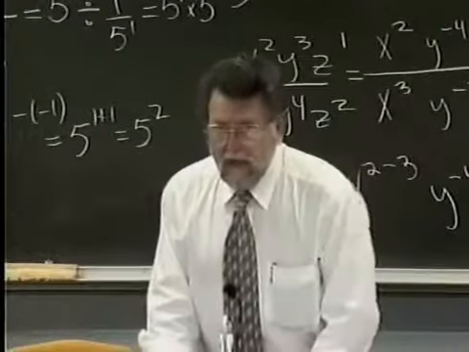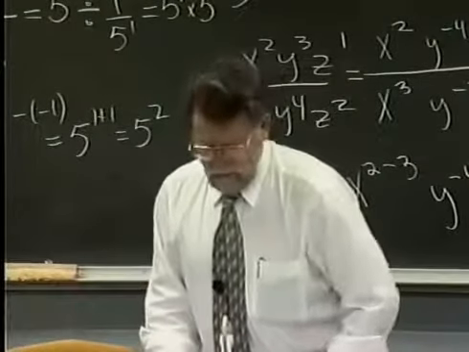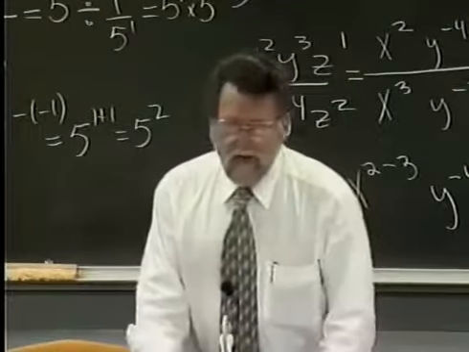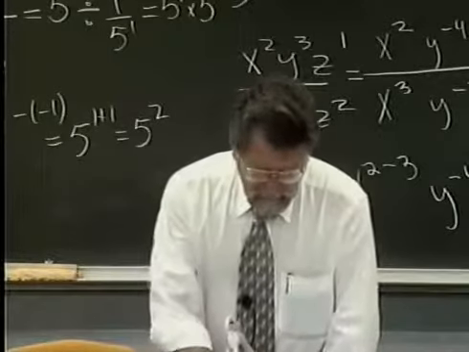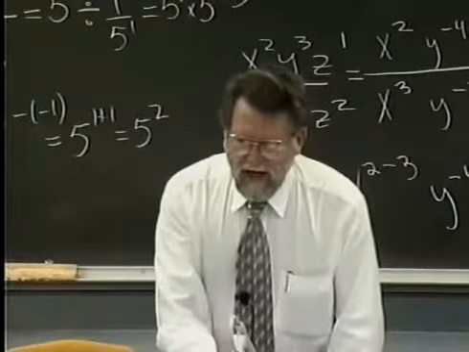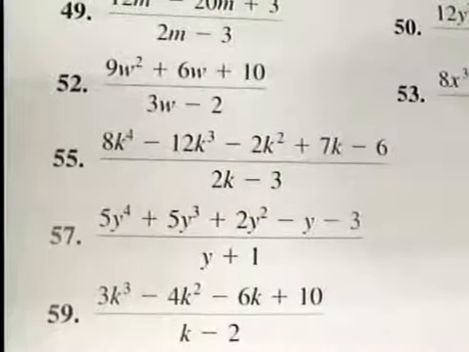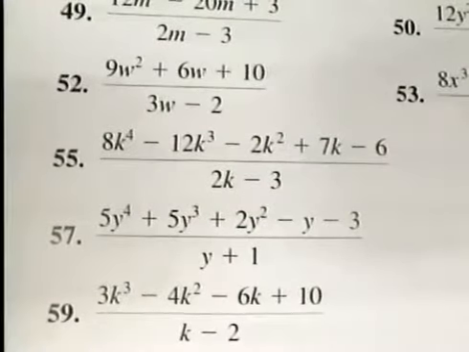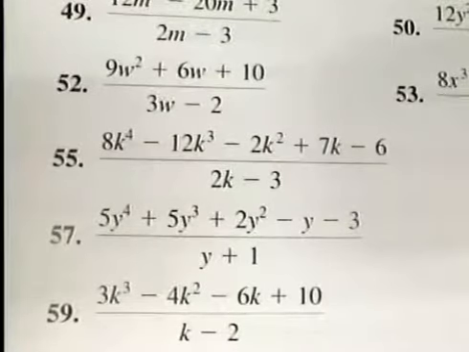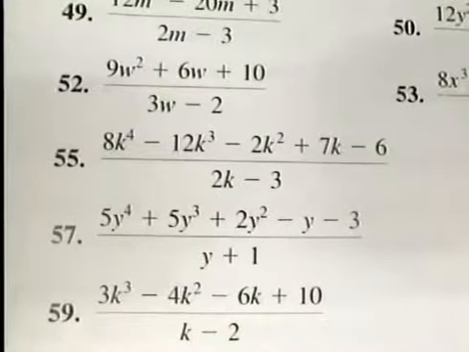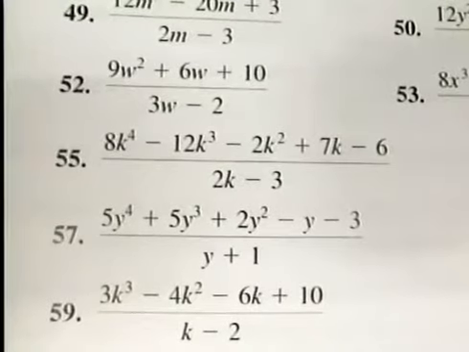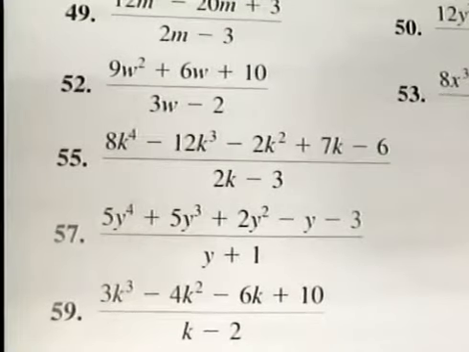Okay, coming off there. Then there's more fun. Now we come down to 55. 8k to the 4th, etc., divided by 2k minus 3. No choice here. Long division. And notice that keeps going. Same argument.